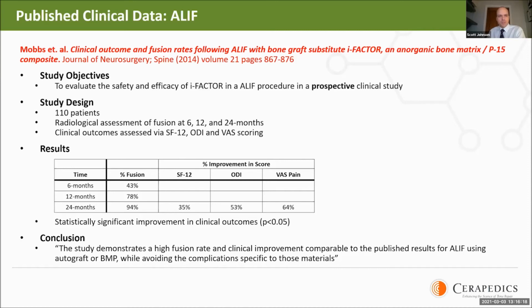And the outcome of the study, and these are the words of the surgeon, the study demonstrates a high fusion rate and clinical improvement comparable to the published results for ALIF using autograft or BMP, whilst avoiding the complications specific to those materials. So high level of fusion rate without the potential for the risk factors associated with BMP in particular.